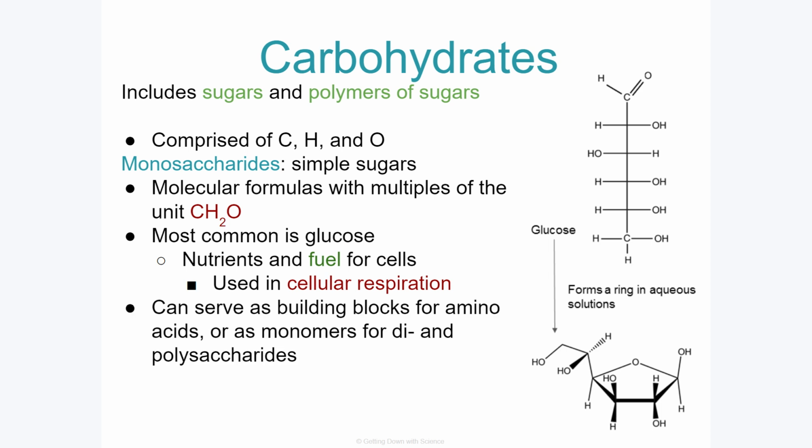This can also serve as a building block for amino acids, or as monomers for di and polysaccharides. So let's break down those words again. Mono means one, monomers means one block or one thing. Di means 2, and poly means multiple, so 2 or multiple sugars.